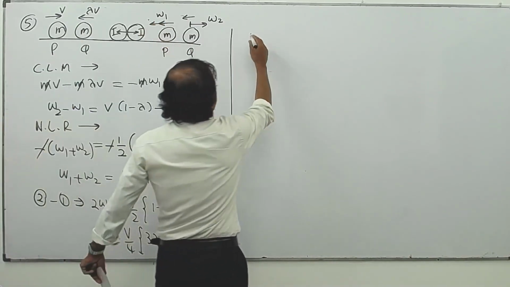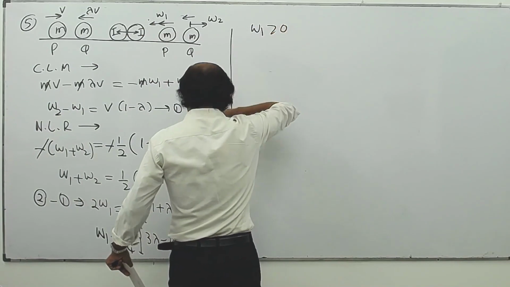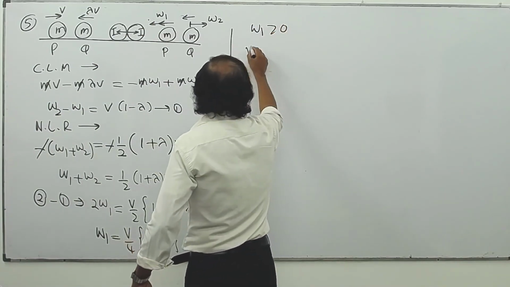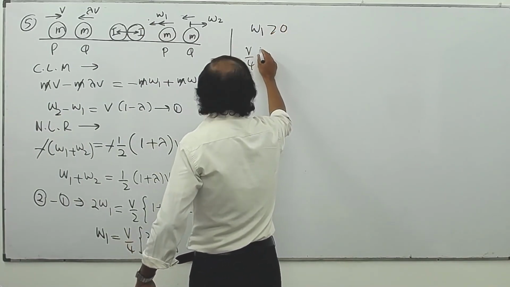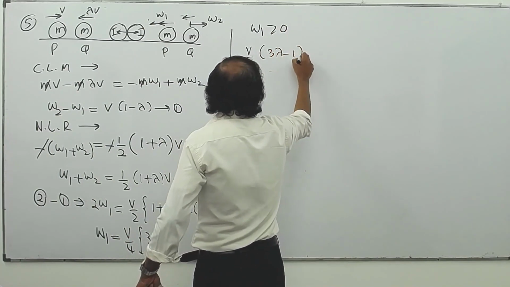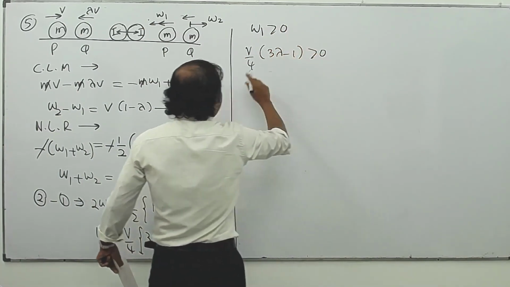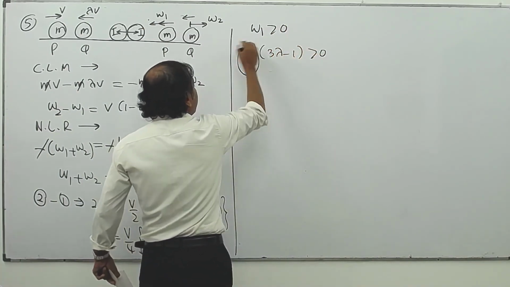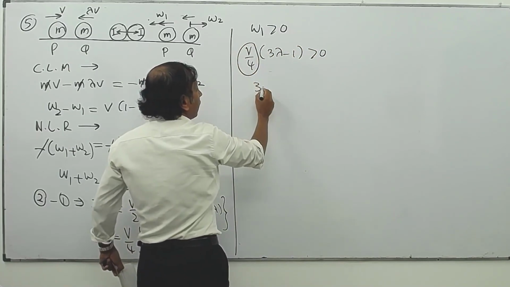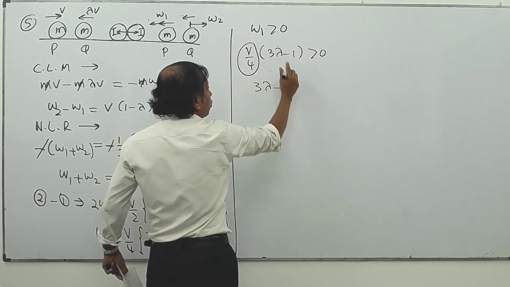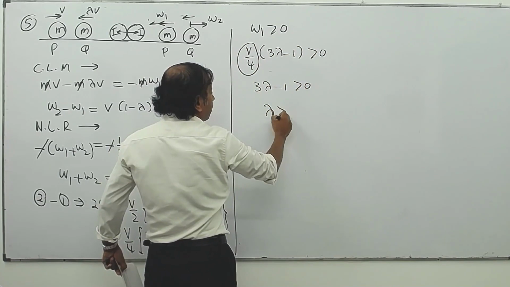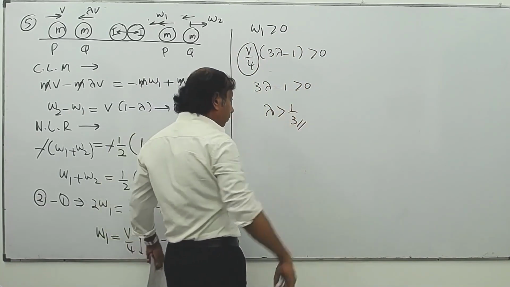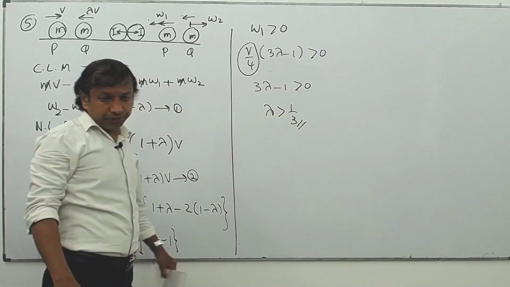W1 should be positive. So now it's v by 4 times 3 lambda minus 1. This is positive part, no? Therefore, 3 lambda minus 1 should be positive. Lambda should be greater than 1/3.